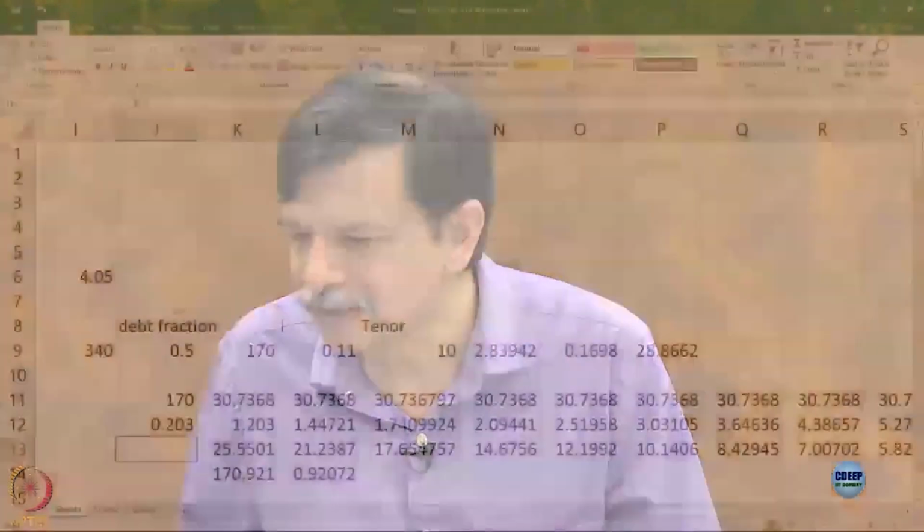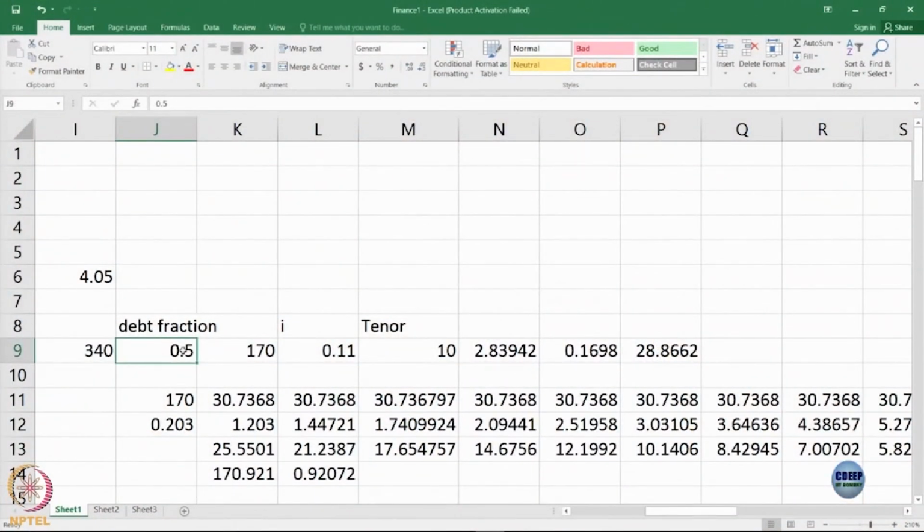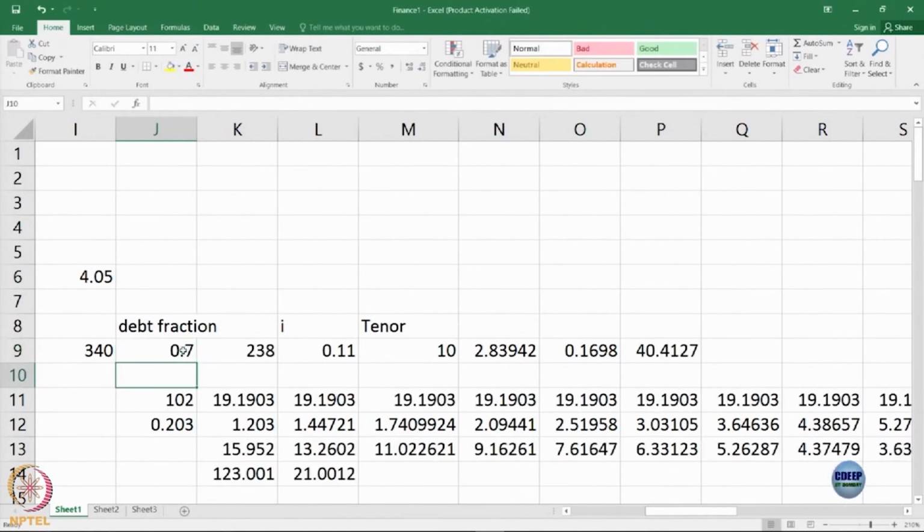What if we increase the loan fraction and take it as 70-30? When we take this as 70-30, what will happen is that the amount that we have to repay increases, but the initial amount, instead of 170 crores, now the equity is only 102 crores.